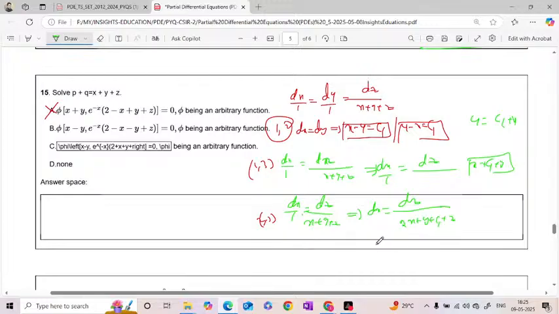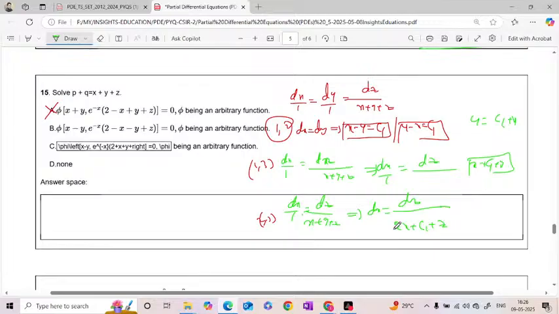Next, y is equal to c1 plus x. So here we have 2x plus c1 plus z.